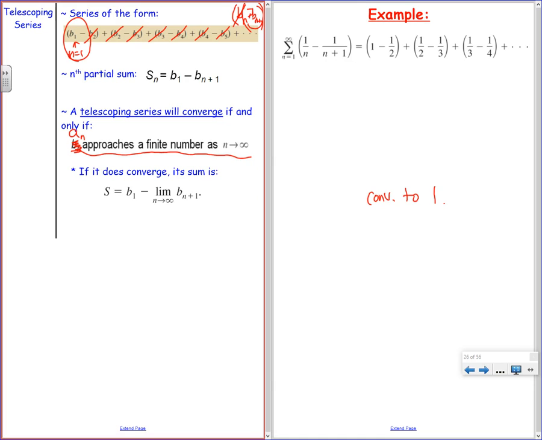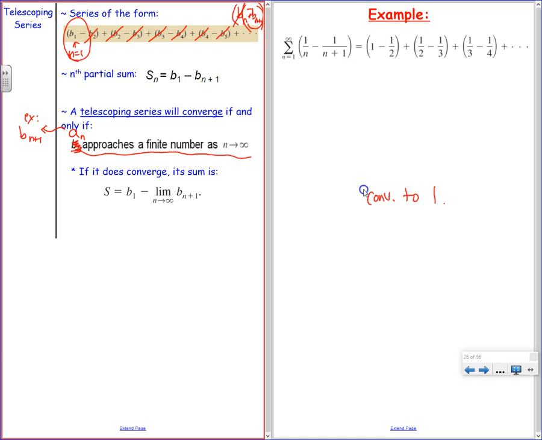So you have your n equals 1 term, n equals 2 term, n equals 3 term. And in your nth term, part of it cancels, part of it stays. So you think about what part would stay, and is that part approaching a finite number? In the one up above, it would have been only if b sub n plus 1 approaches a finite number as n approaches infinity. So it depends on the problem as to which one we're talking about. But in the one up above, what stays is b sub n plus 1.